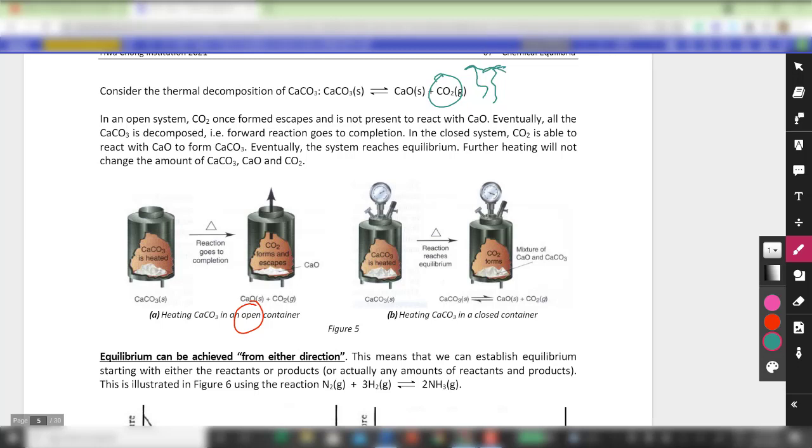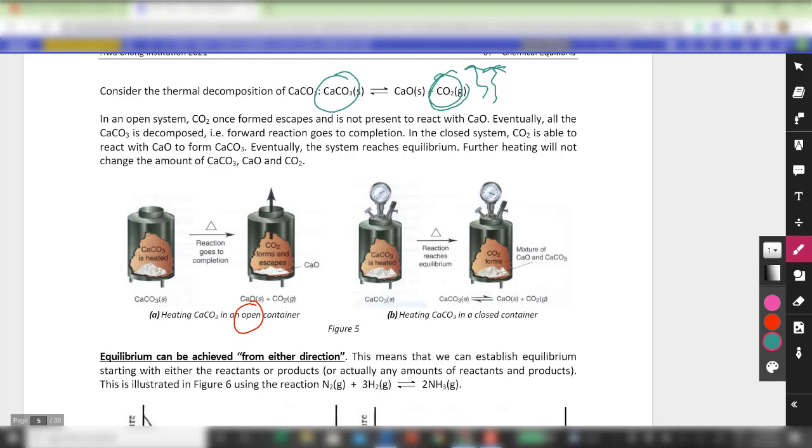If you go a little bit by logic, the escape of CO2 will continuously cause the equilibrium amount of CO2 to drop. Later on you're going to learn something called Le Chatelier's principle, but the drop in CO2 over time will force calcium carbonate to decompose even more.